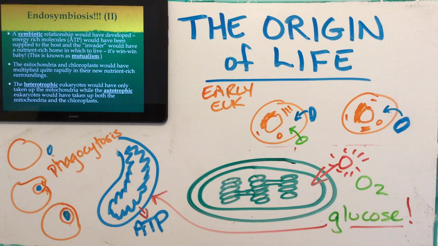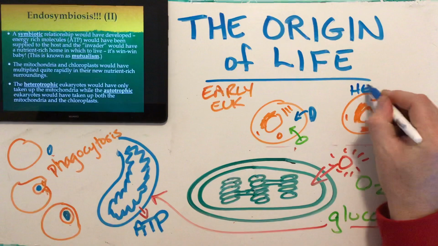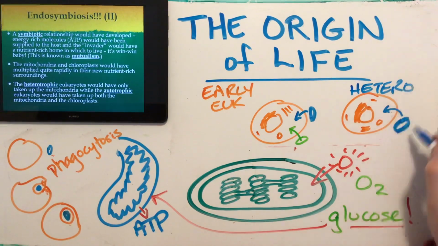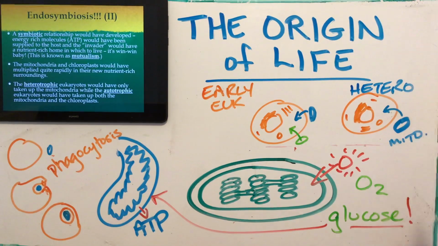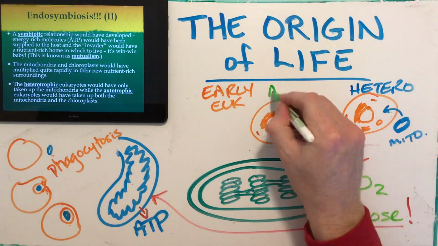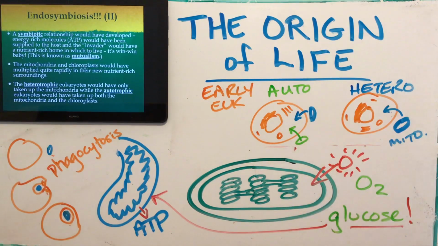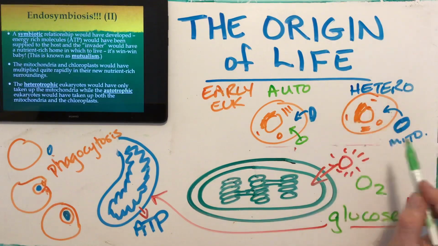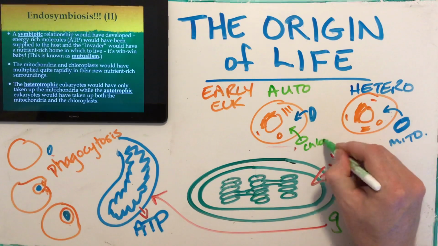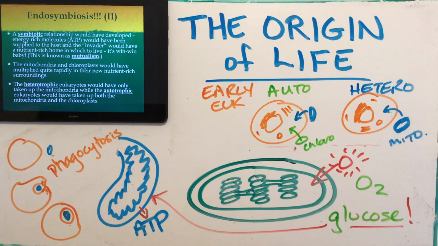Now, the heterotrophic lineage, things that are heterotrophs like us and fungi and some of the protists, would have only taken in the mitochondria. And the autotrophs, like your plants and some protists, would have taken both the chloroplast and the mitochondria.